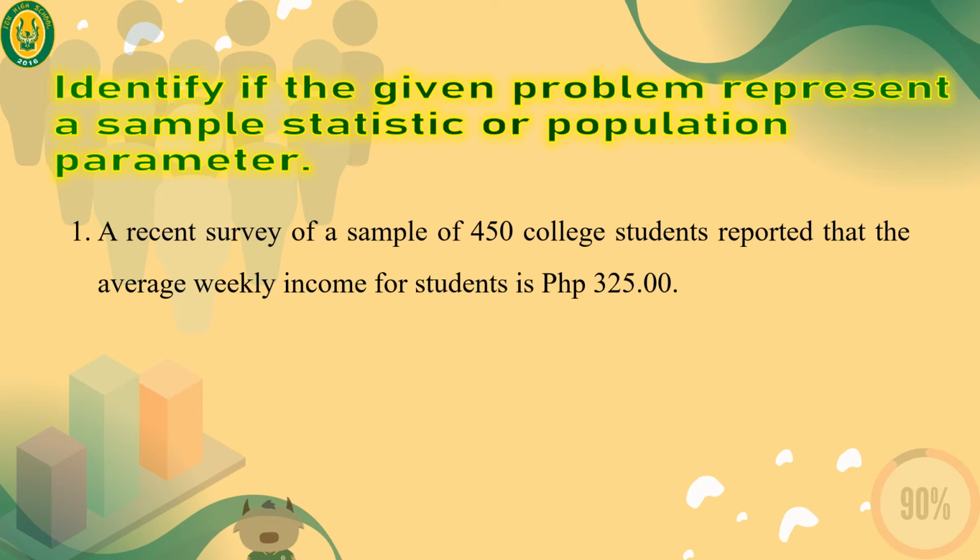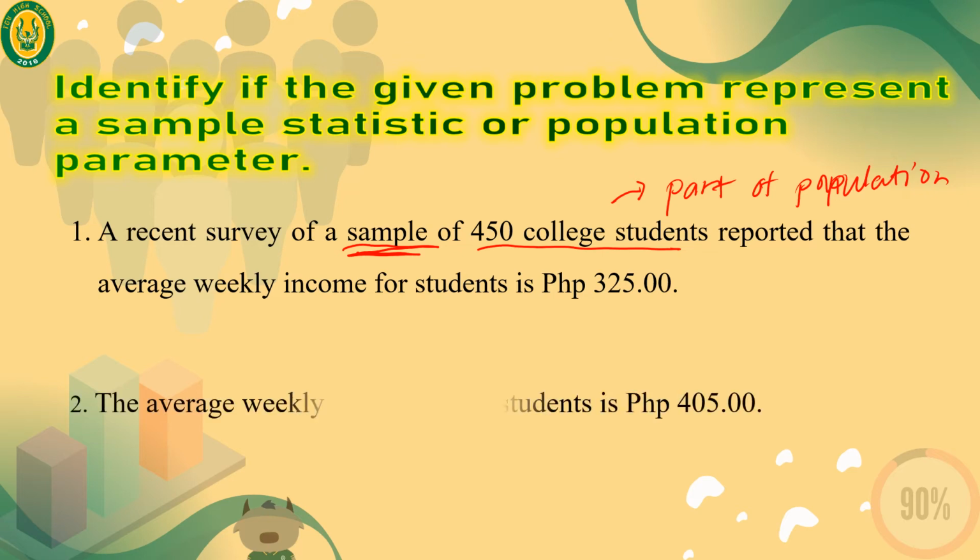Now, the clue, if you read the statement, there is already the term sample and a number. So the 450 college students is just a part of a population. Obviously, the number here is just a part of the number of enrollees in a university. And so this one is a sample statistic.